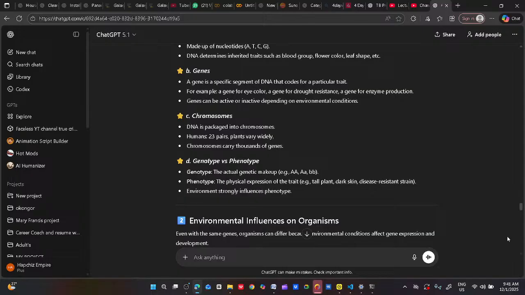Not even physical that you have power over it, but the physical expression of traits like tallness, the skin color, the disease resistance. You will discover that if two people are infected with the same microorganism, the severity of that infection from both will be different.